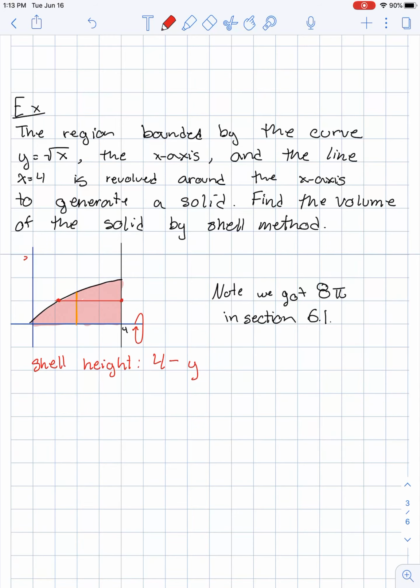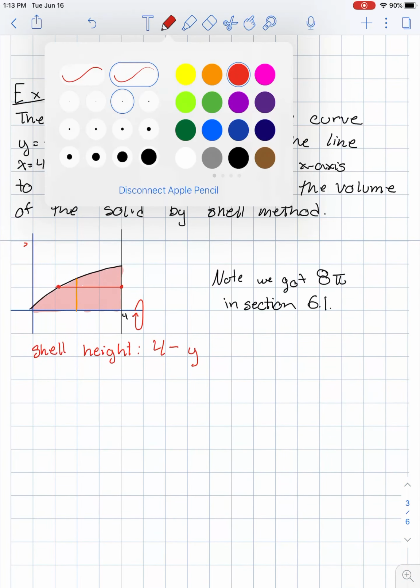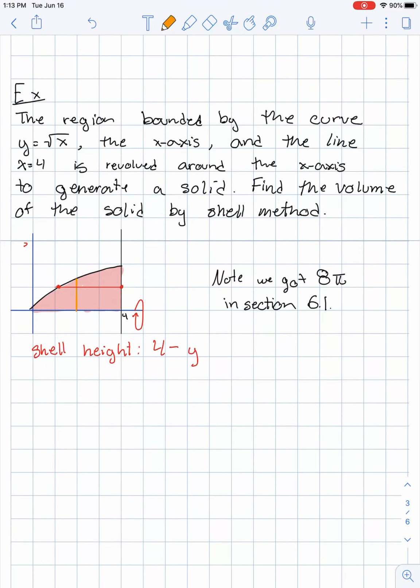So that's my shell height, and my shell radius is going to be the distance from 0 up to this curve, which is also just y. So the shell radius is going to start down here and go up, so it's going to be y.